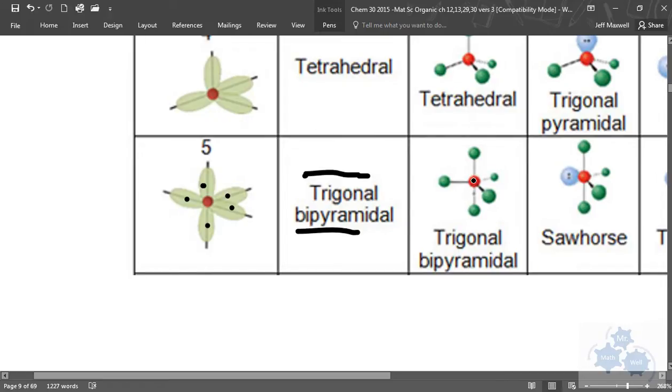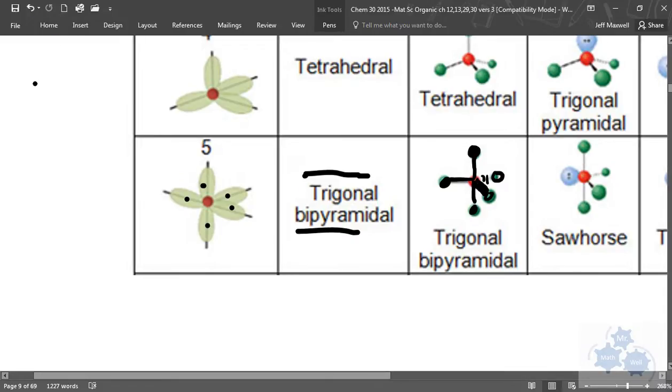You have the central atom, and you'll see that this one, this bond, and this bond are all in the same plane. That's a little bit of a T shape there, and then this one comes towards you. This one goes back into the board. So you have 3 on the same plane, and then you have one coming forward, one going back.